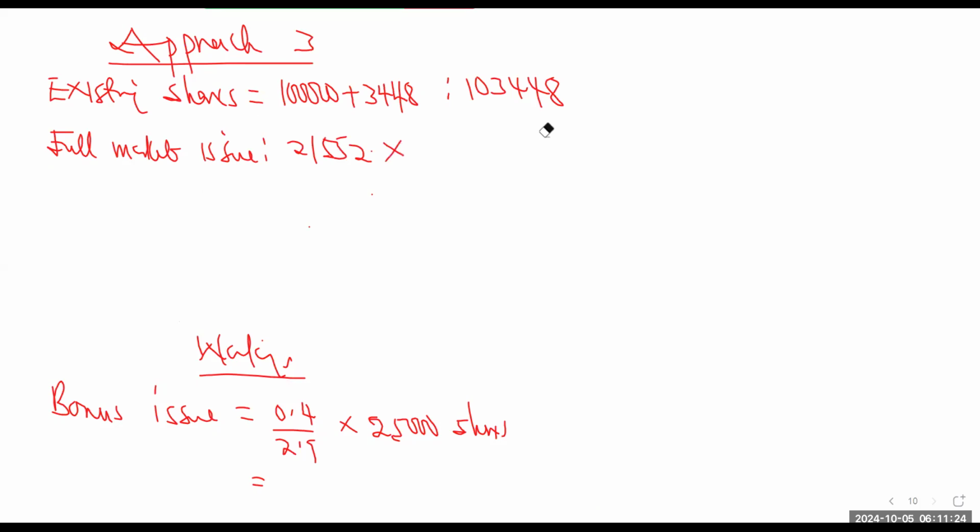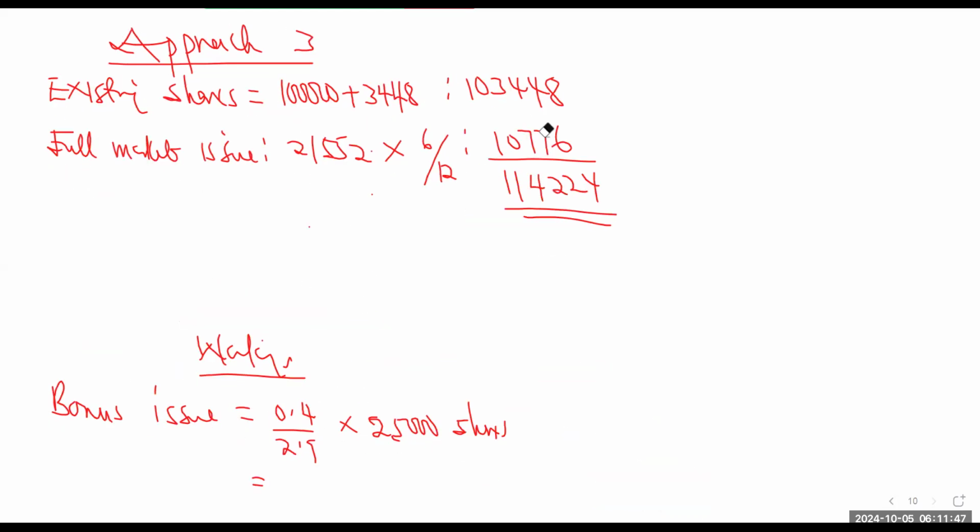Okay, multiplied by the 6 over 12. This is a full market issue, so it will contribute to only what? Only 6 months. Okay, and that will give us 10776. So 114224.